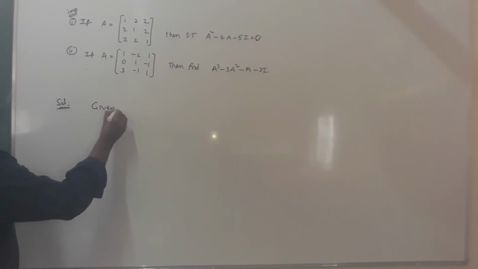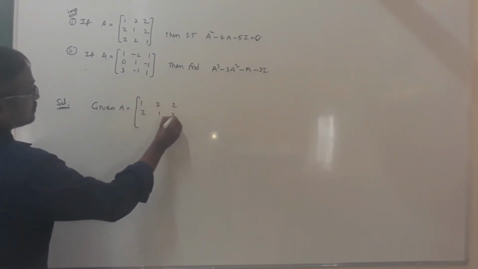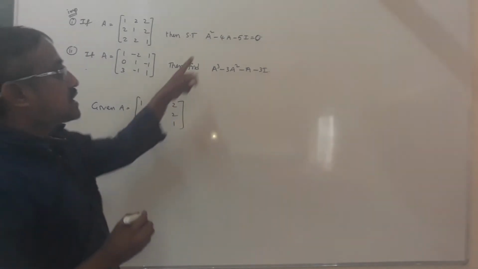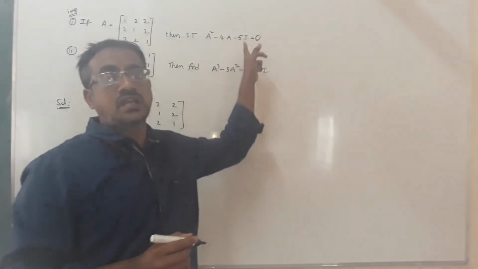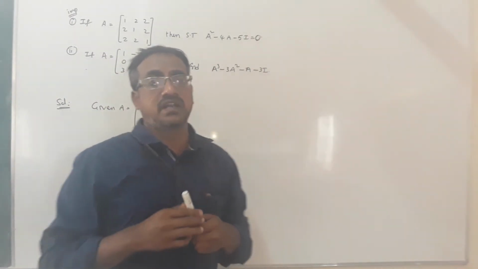Given that capital A is equal to matrix 1, 2, 2, 2, 1, 2, 2, 2, 1. We have to show that A square minus 4A minus 5I is equal to O. It is a null matrix.